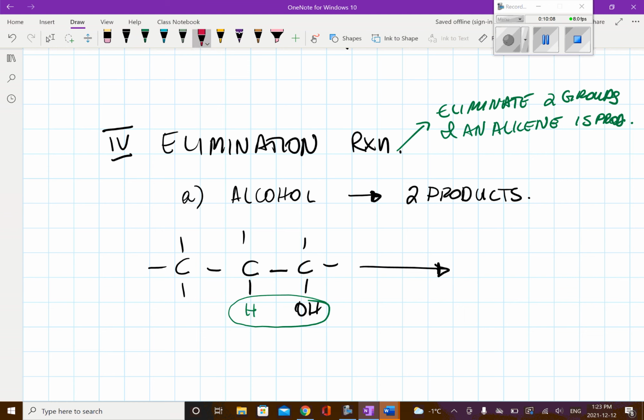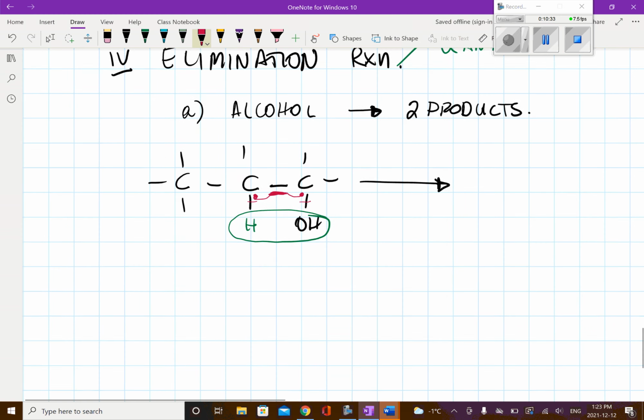So now what is happening, you are freeing up those two bonds, and they don't want to stay as you see them. So they combine together and form a double bond here, and in this case an alkene is produced because an alkene has a double bond.